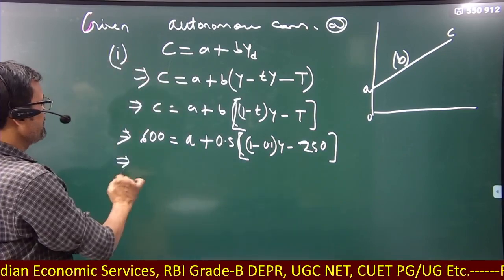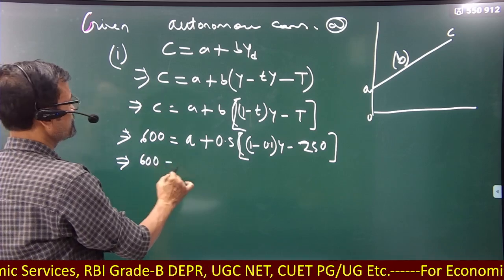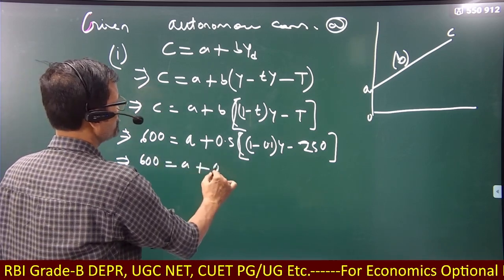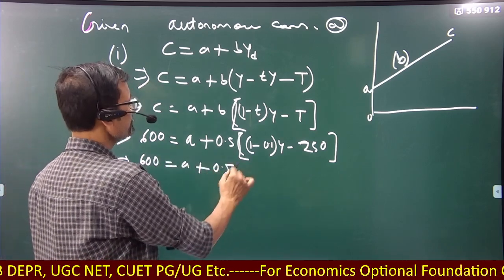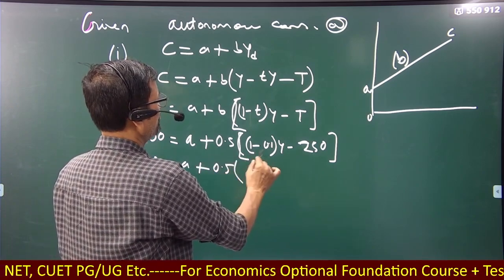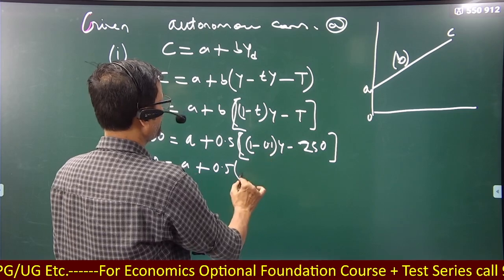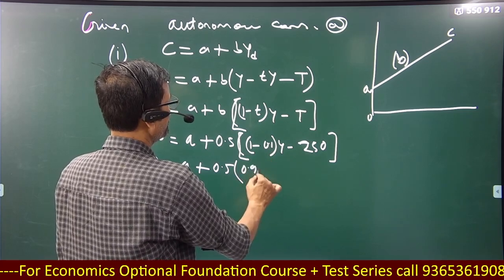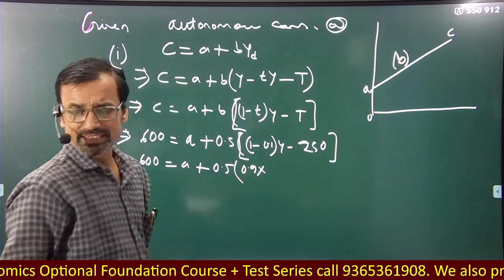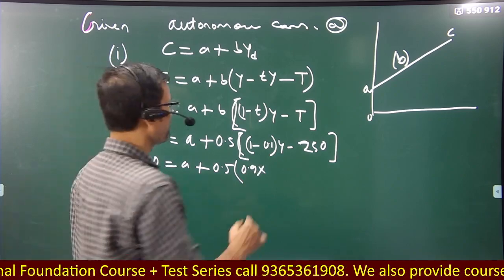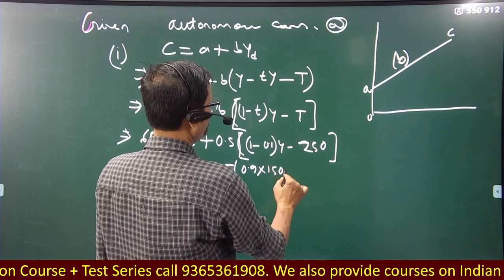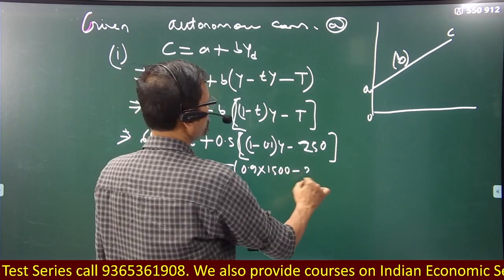Now this one: 600 is equal to A plus 0.5 times, here we will get 0.9, that is 1 minus 0.1, into the income level given, that is 1500, minus 250.